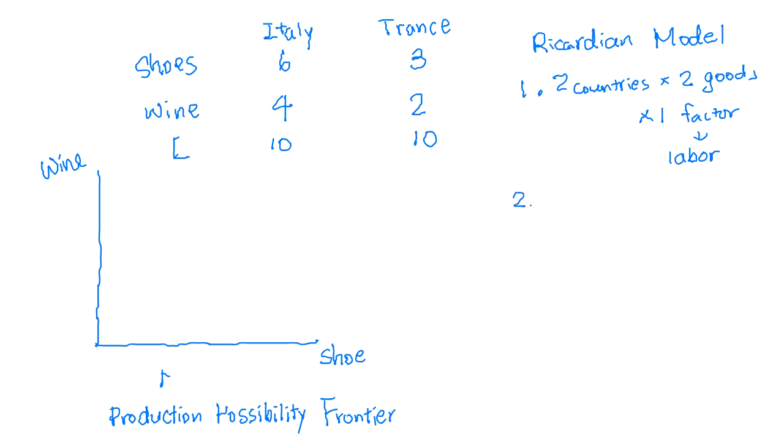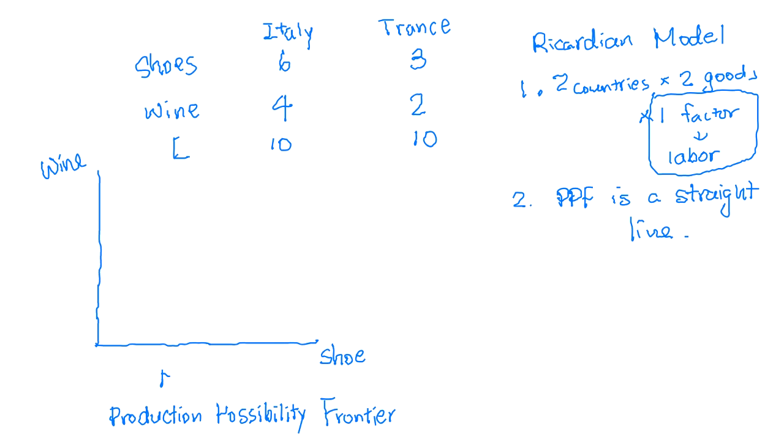We know the PPF is a straight line. No diminishing returns. Very good. Yeah, exactly, no diminishing returns. It's because we only focus on one production factor. There's only one input in our production.